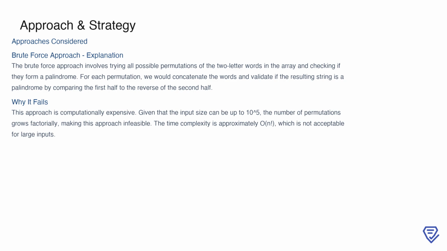While conceptually straightforward, this approach quickly becomes impractical. Since the input size can be as large as 100,000 words, the number of permutations grows factorially. This means the time complexity is O(n!), which is computationally infeasible for large datasets. As a result, this method is not suitable for solving the problem efficiently.